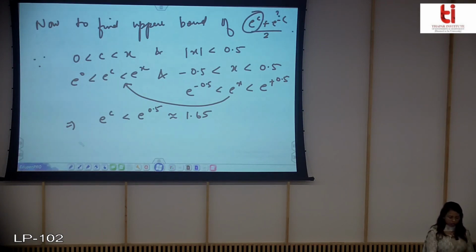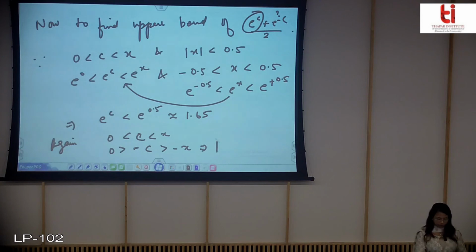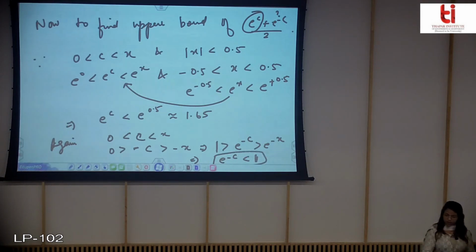Okay, you got the upper bound for this, but you are still left with this. So again I will write the inequality: you already know that the c value should be in between, so e to the power 0 is greater than this, which is greater than e to the power x, and this implies that e to the power minus c is less than 1. So I can replace this.